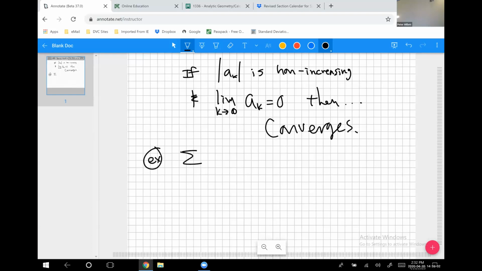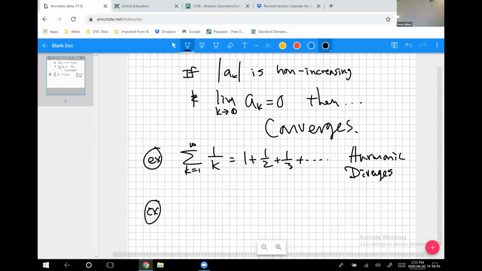So if I have the series as k goes from 1 to infinity of 1 over k, that's the harmonic series, and it diverges. But if we cause it to alternate, I'm going to put a -1 in the top, and so that it starts with a positive, I'm going to put k minus 1 power over k.